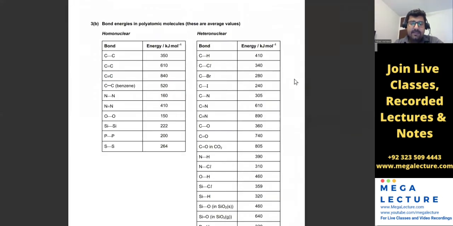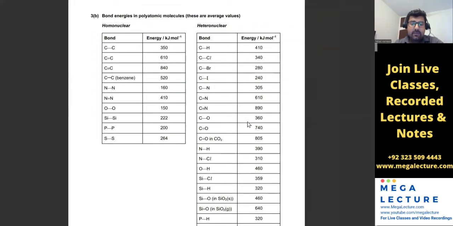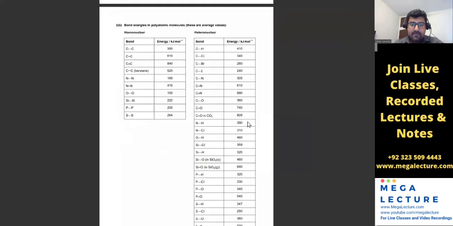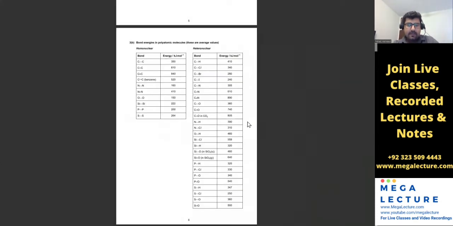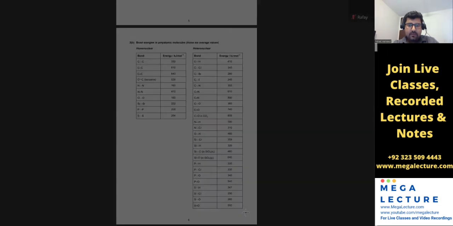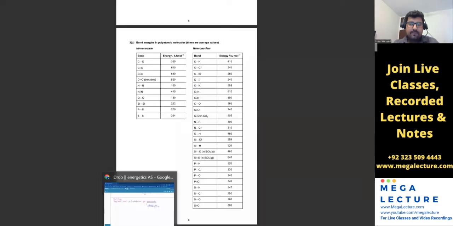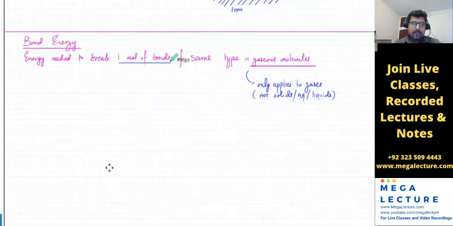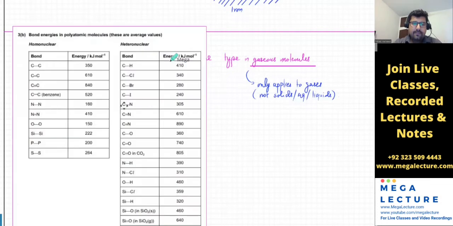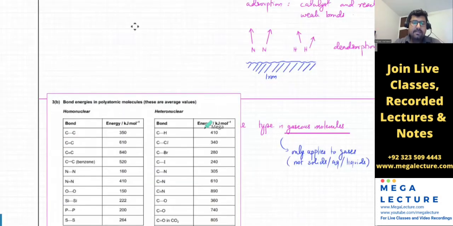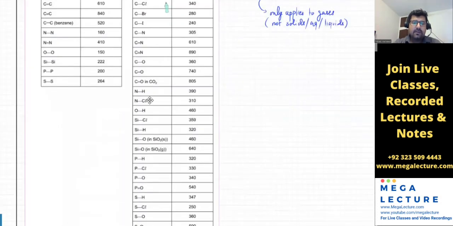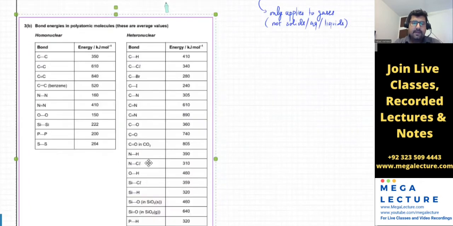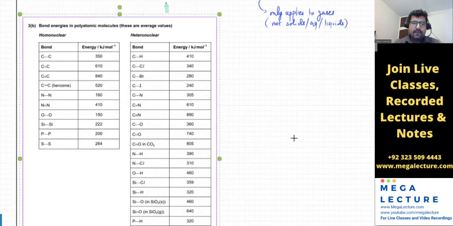So here's a table of bond energy. Just type 9701 and you'll find the data booklet.